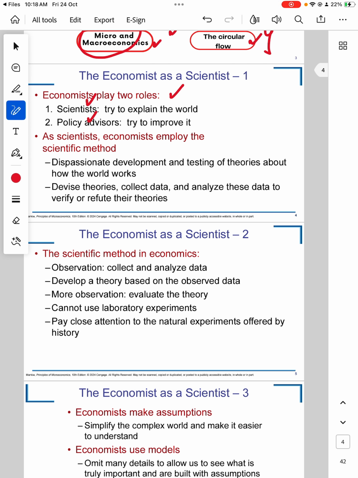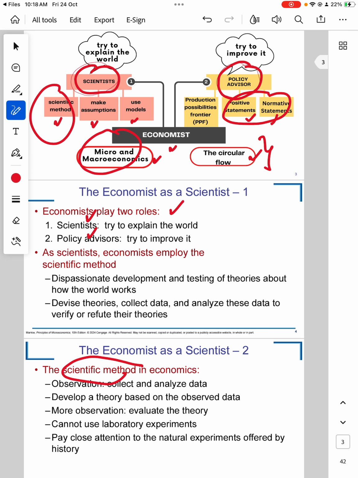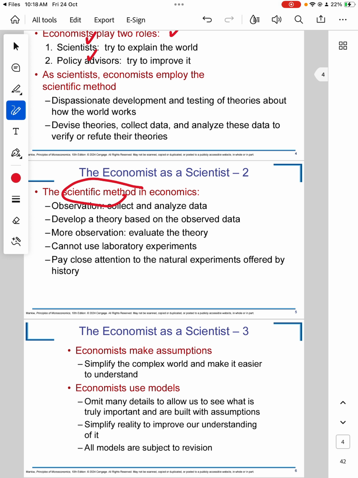Okay, let's look at the scientific method. Here are the roles of economists as scientists, and scientists try to explain the world by using the scientific method. This scientific method involves observation: collect and analyze data. When you observe the situation, you need to collect the data.